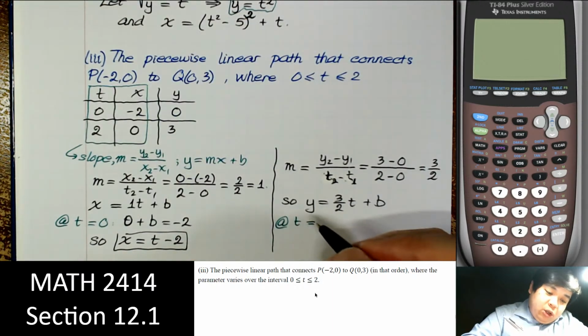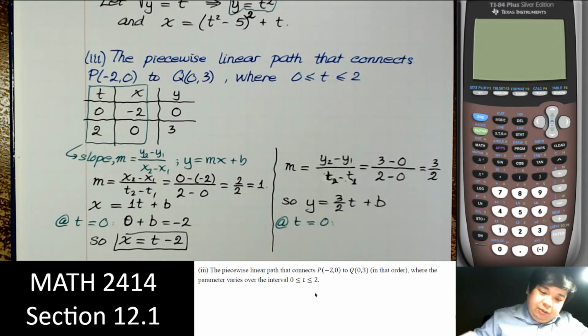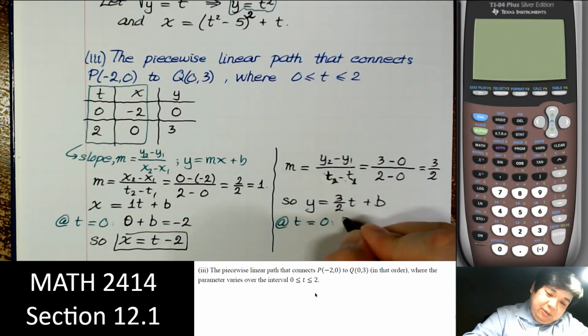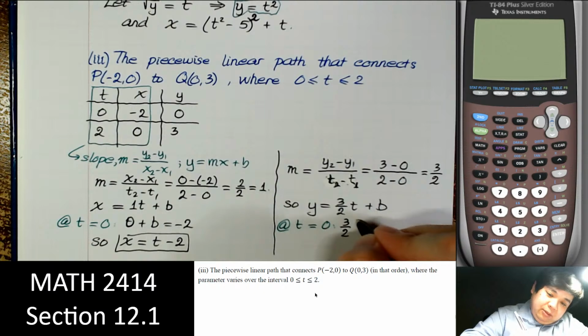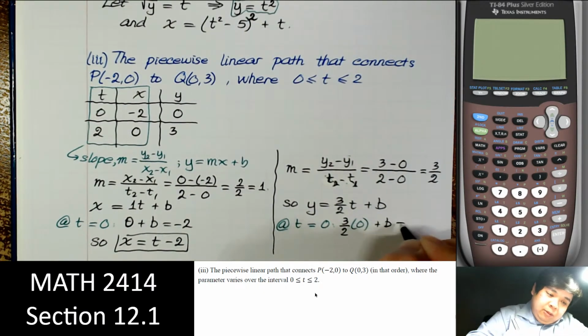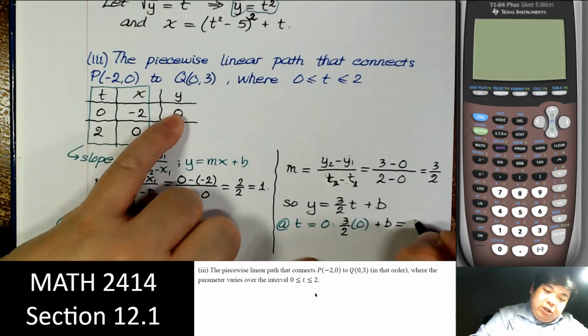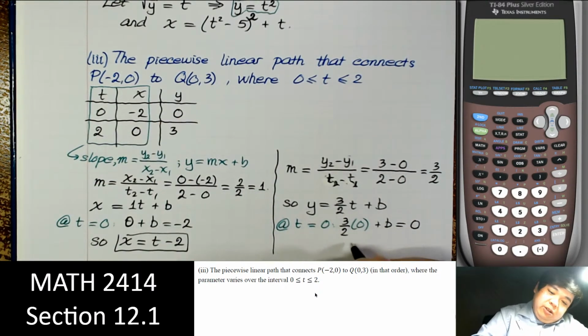At t equal to 0, put 0 in here, and that's supposed to be equal to, when t equal to 0, y equal to 0. So b is 0.